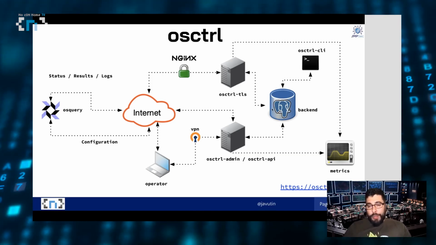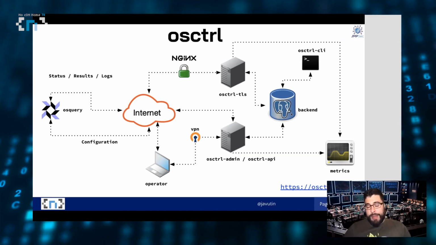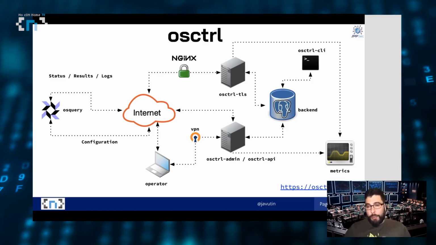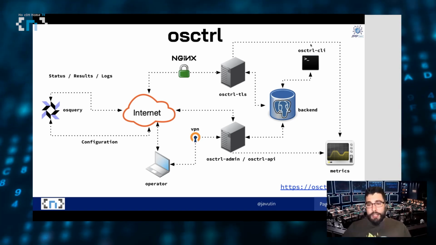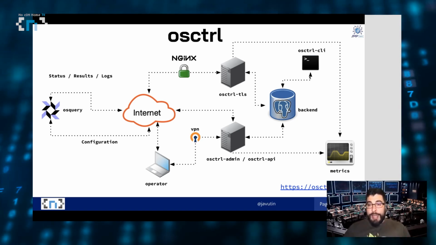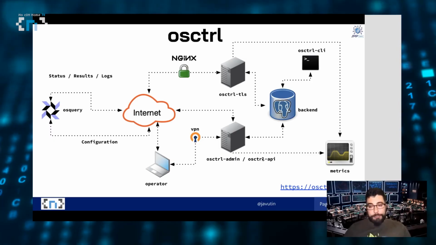OS control TLS will use the backend or the database in this case to pass information back and forth to other components of the architecture, like the CLI of OS control, the admin, or the API.